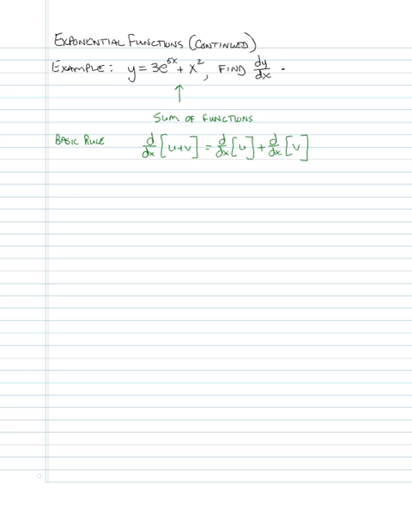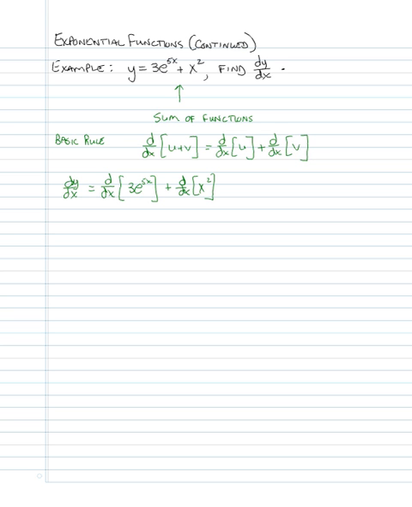So to find the derivative of y with respect to x, that's simply the derivative of the first function, which is 3 times e to the 5x, plus the derivative of the second function, which of course is x squared.